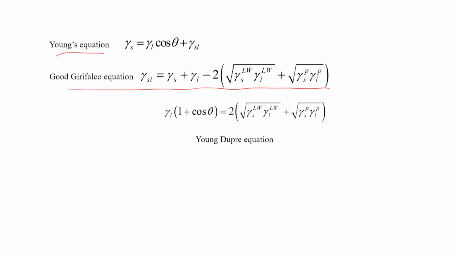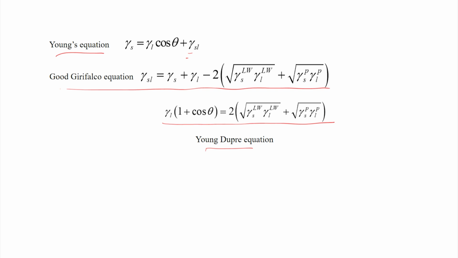In essence, I write gamma SL as gamma S minus gamma L cos theta, and substitute it over here. If I do that, I get gamma L into 1 plus cos theta equal to 2 into square root of gamma S LW times gamma L LW, plus the square root of the polar terms. This particular equation is called the Young-Dupré equation.